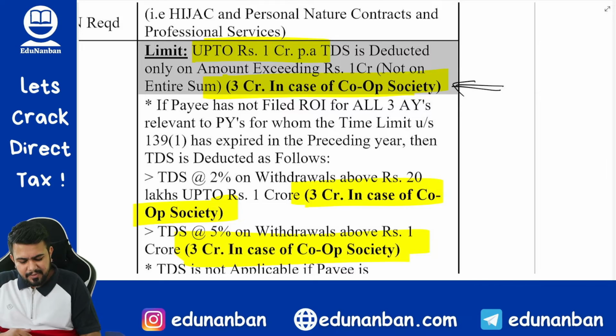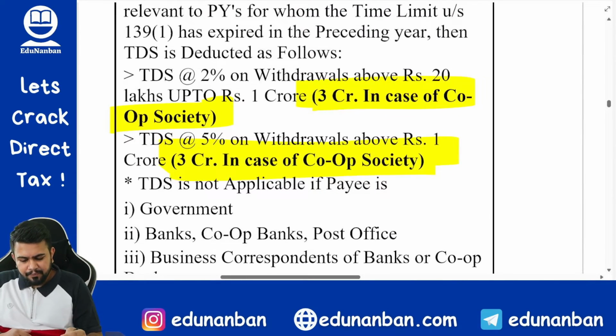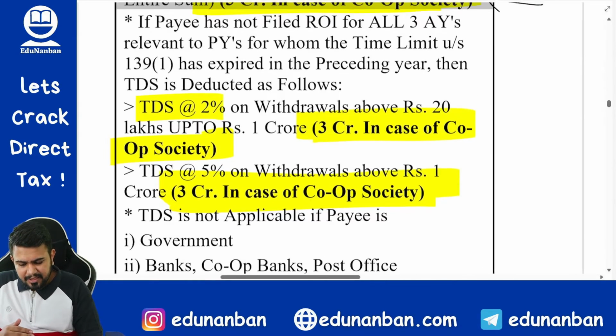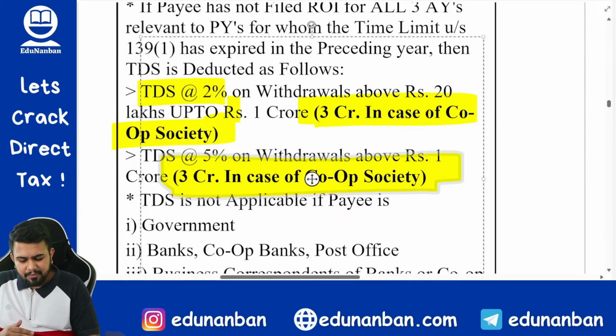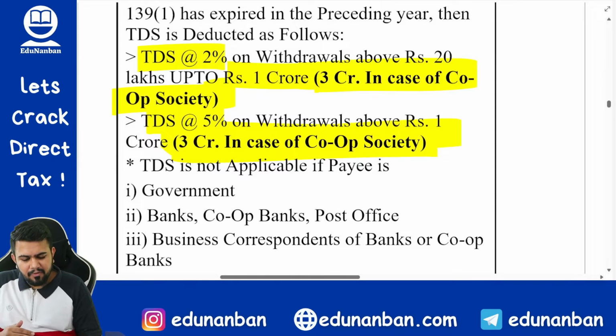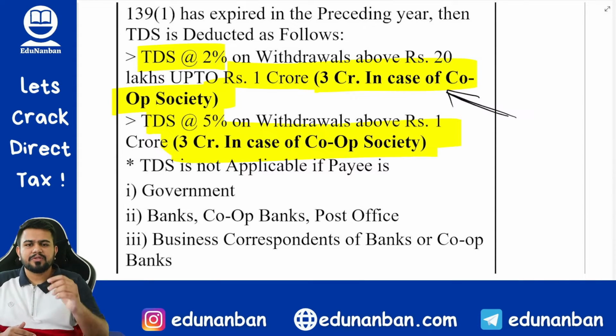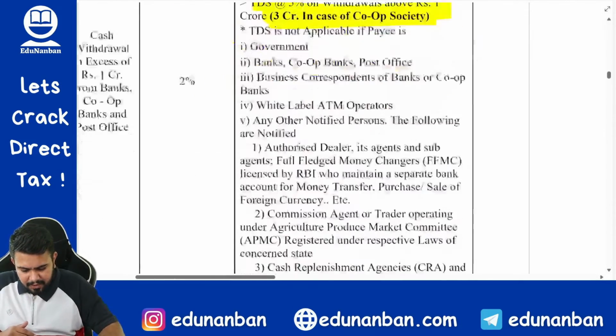And even in the other cases, earlier if the return of income has not been filed, then 2% up to 1 crore was the case, and 5% above 1 crore was the case. Here also the limit has been increased to 3 crores in case of cooperative society.